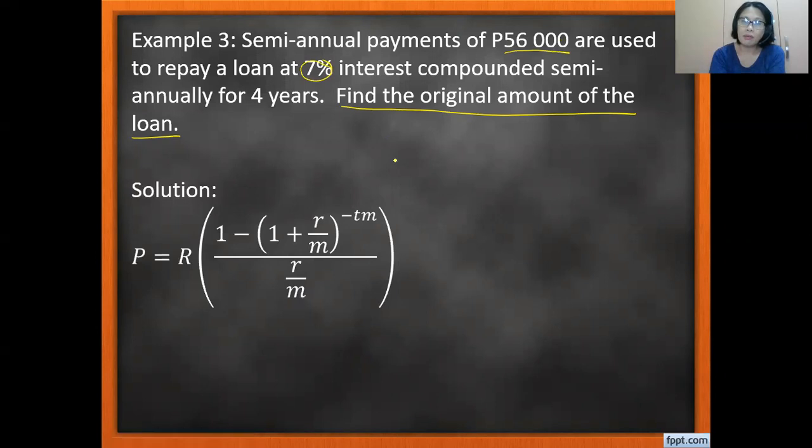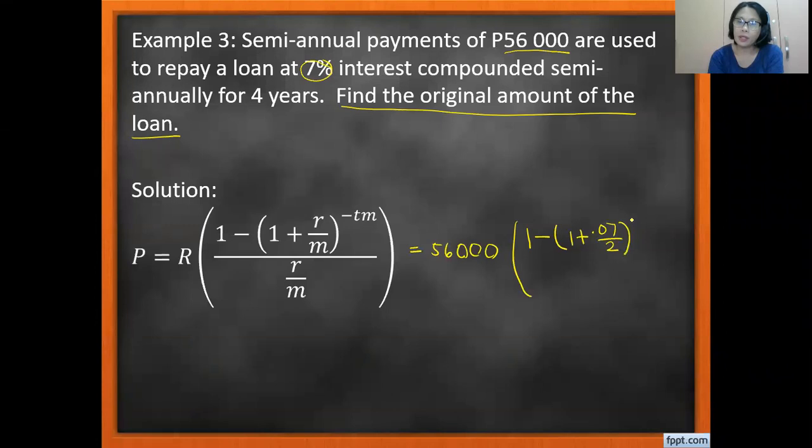Substituting the given in the formula, this 56,000 is the periodic payment. Then 1 minus the quantity 1 plus the rate, 7% over 2 because it is semi-annual, we have 2 semi-annual periods in a year.